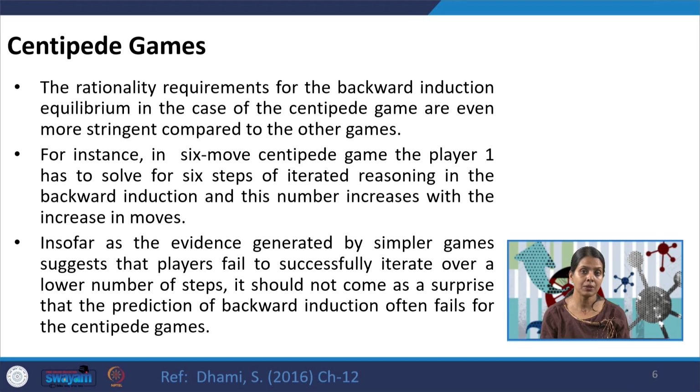For example, in P-Beauty contest games and other examples that we discussed, we showed that players fail to move or iterate beyond a couple of steps. So, it should not come as a surprise that the prediction of backward induction often fails for the centipede games as well.